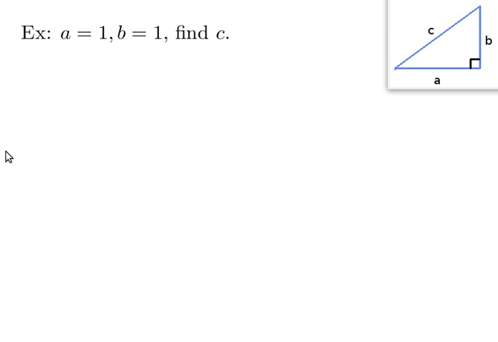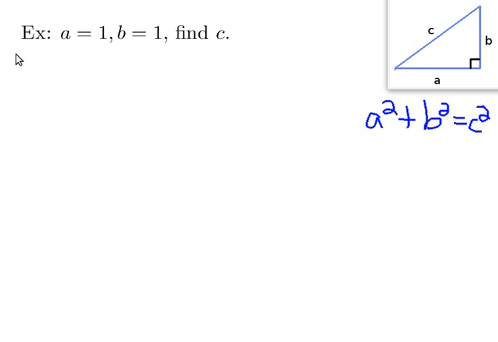So let's go ahead and plug it straight in. I'm going to write this over here so you can keep it: A squared plus B squared equals C squared.